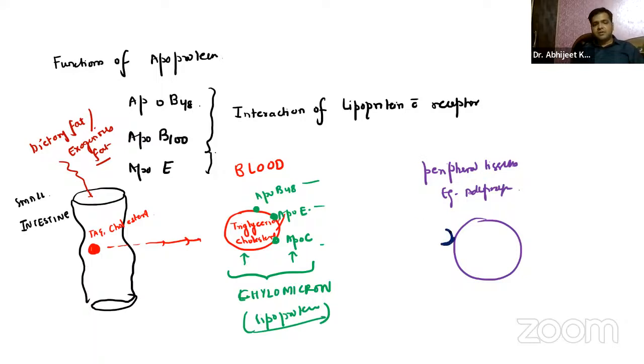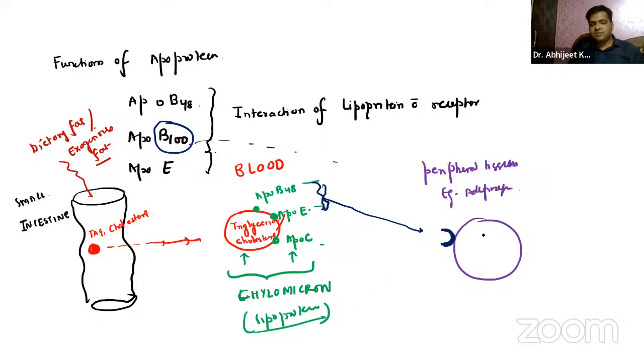Now, ApoB48, ApoE, and ApoB100 also. What is the function of these three? Basically, they mediate the interaction of lipoproteins with the receptor. So this is something that you have to remember.